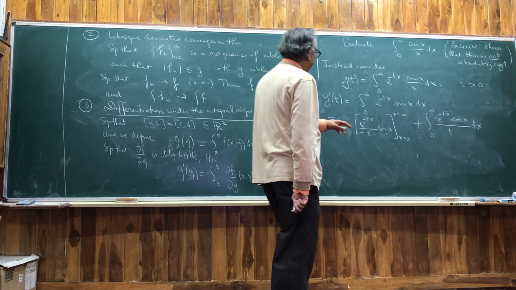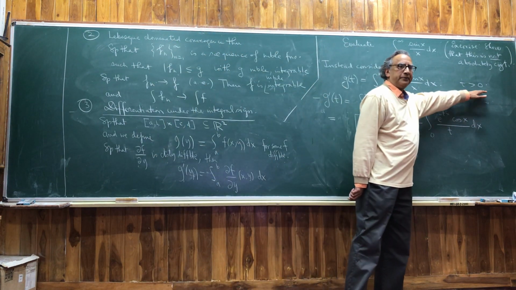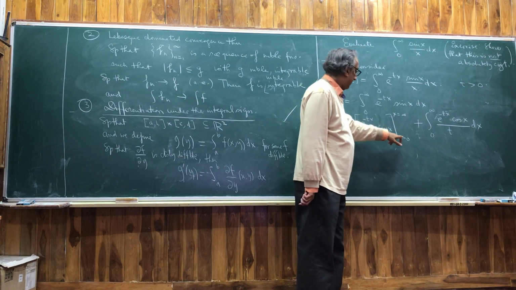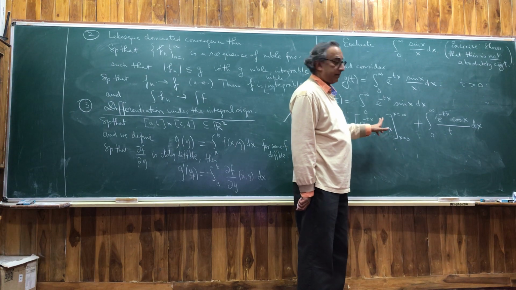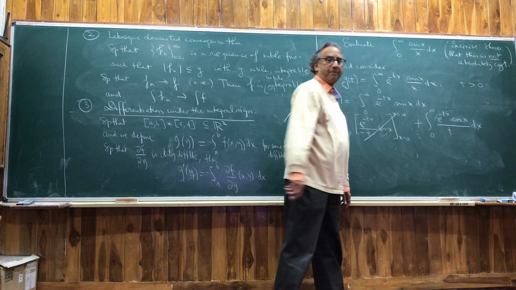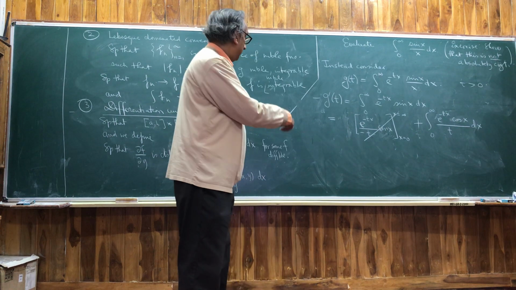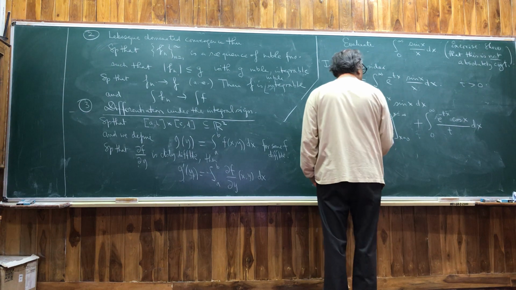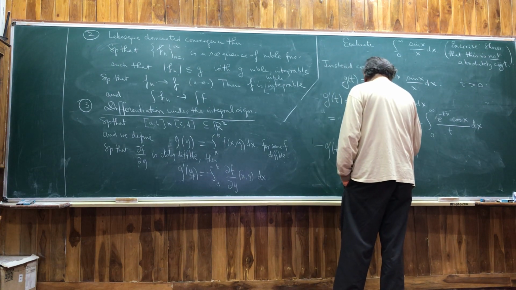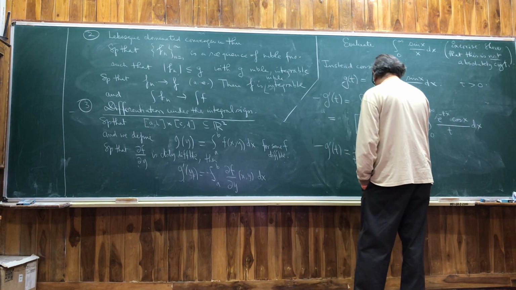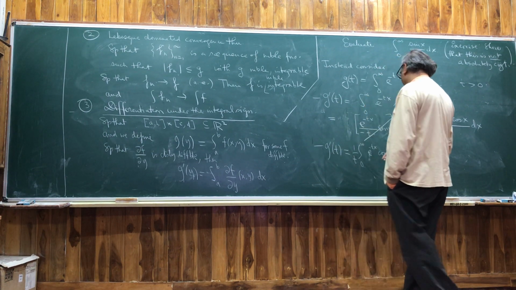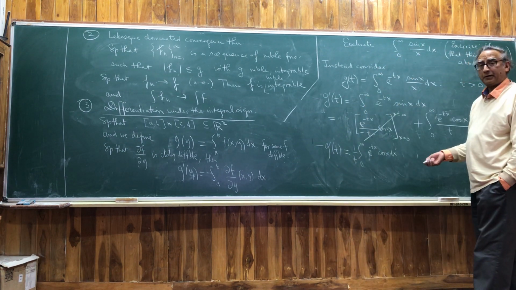At x equals infinity, keeping in mind that t is positive, this is 0. And when x equals 0, sine 0 is 0. So this thing disappears. So minus g prime of t equals the integral from 0 to infinity, 1 over t comes out, of e to the minus tx cos x dx. And then I will do another integration by parts.